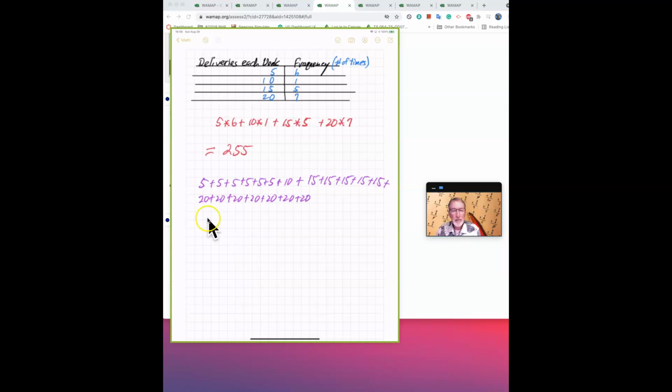So if we were to add up the total of all of these numbers, we've got 19 different numbers.